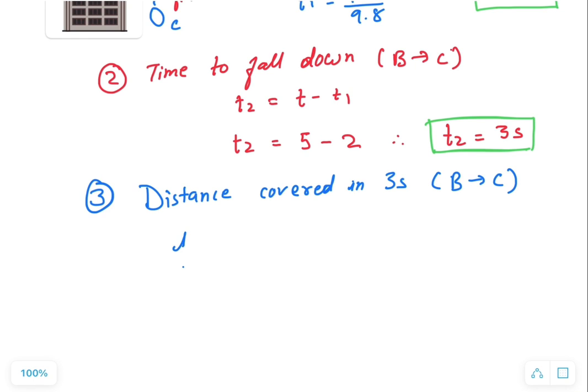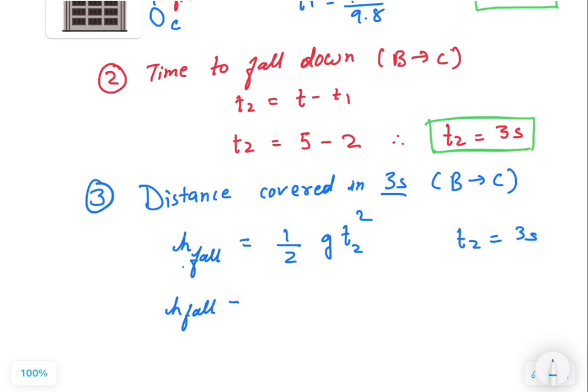So let me call this H fall. This would be equal to half g T2 square. T2 is 3 seconds. We just calculated that. Let me substitute the values. So H fall would be equal to half multiplied by 9.8 meters per second square multiplied by 3 square, that is 9.